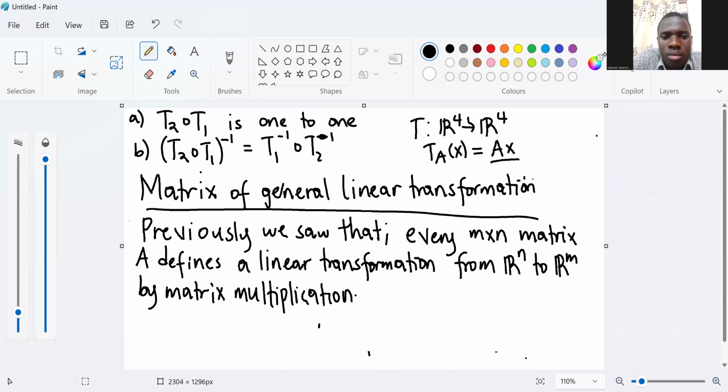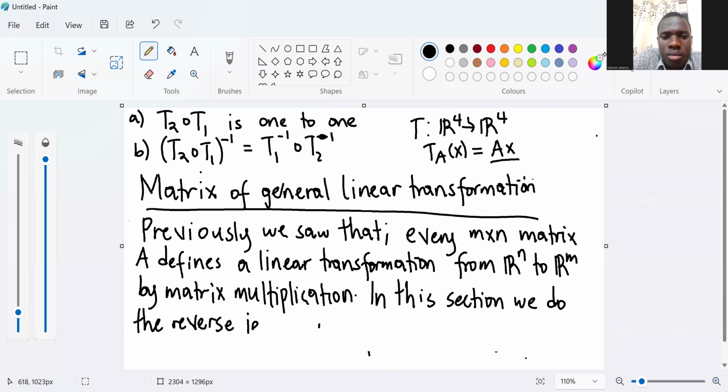Then in this section, we do the reverse. And what is the reverse?